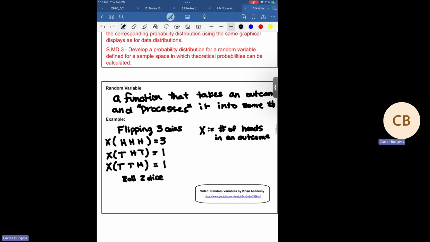And maybe we define the random variable Y to be the sum of the 2 dice. This is something that we've looked at before. What is going to be the value that I get for my random variable when I see an outcome like this?